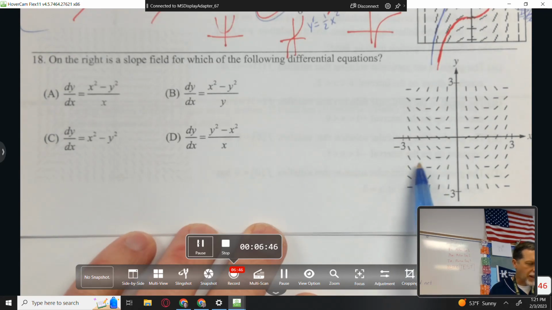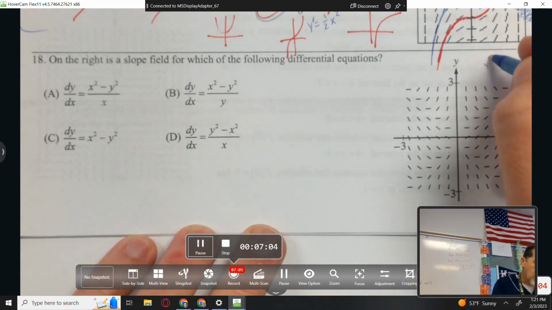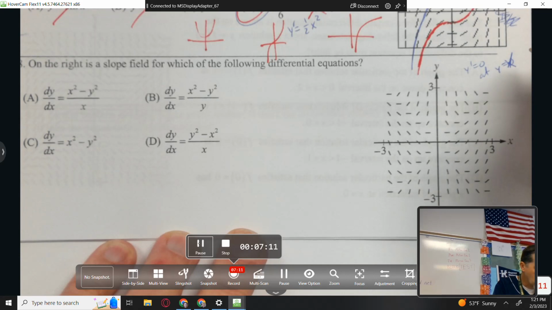It depends on x and y, but they all depend on x and y, so that doesn't help. Let's see. It looks like the slope is 0 when y equals x. Anytime y equals x, the slope is 0.